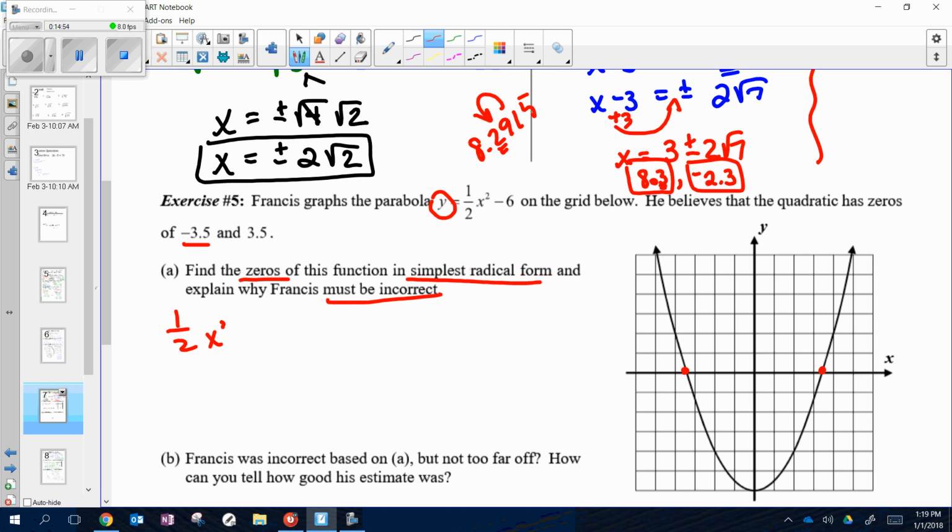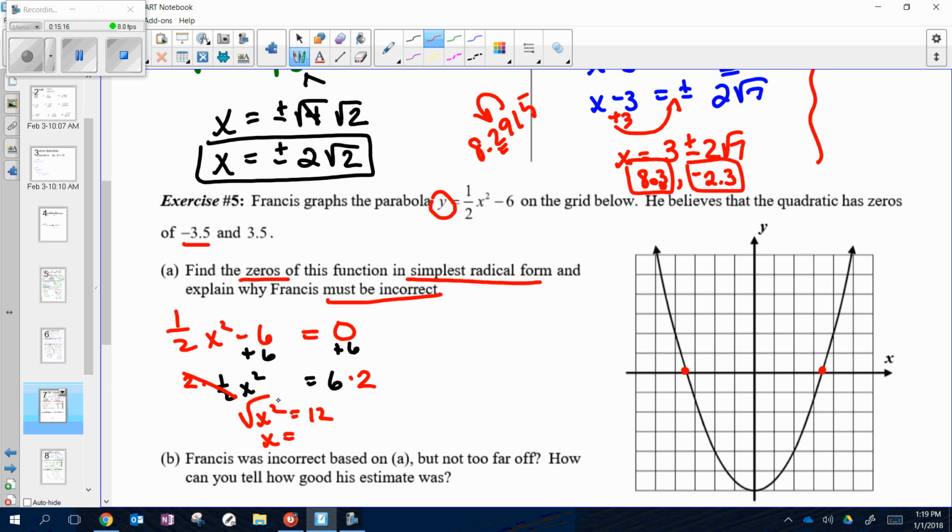We have 1/2 x squared minus 6 equals 0. Use some inverse operations. Working our way into the x, start with the 6. Add the 6. 1/2 x squared equals 6. To get rid of a half, the quickest thing to do is multiply by 2. X squared equals 12.